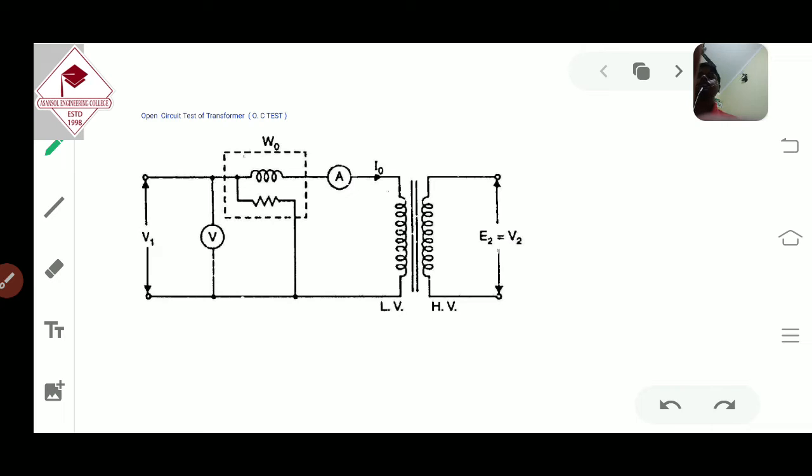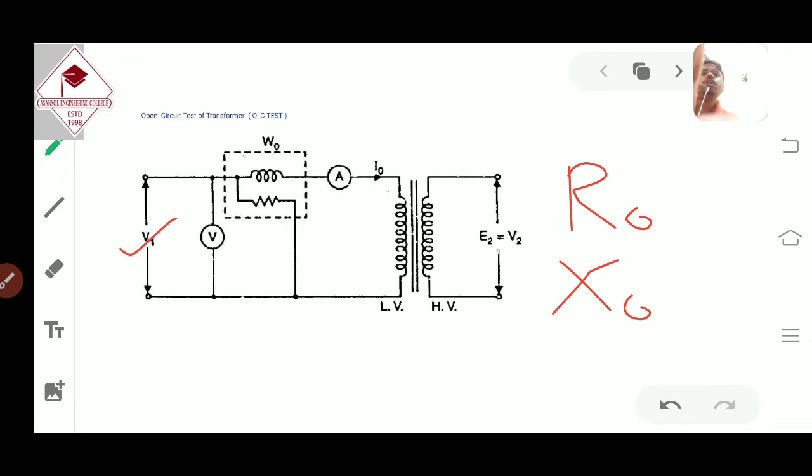This test is conducted to determine the iron losses or core losses, and parameters R0 and X0 of the transformer. In this test, the rated voltage is applied to the primary, usually the low voltage winding, always, while the secondary is left open circuited, that is, the high voltage side is kept open circuited.